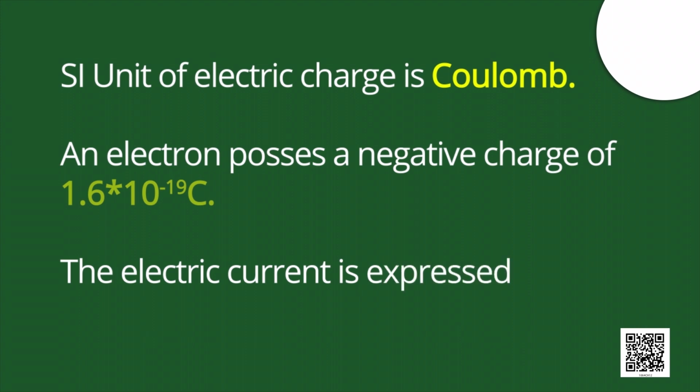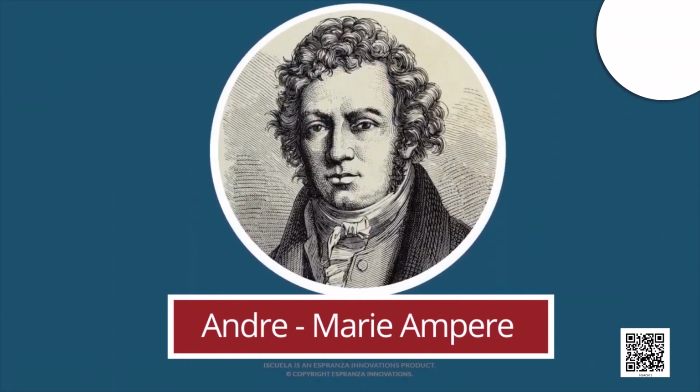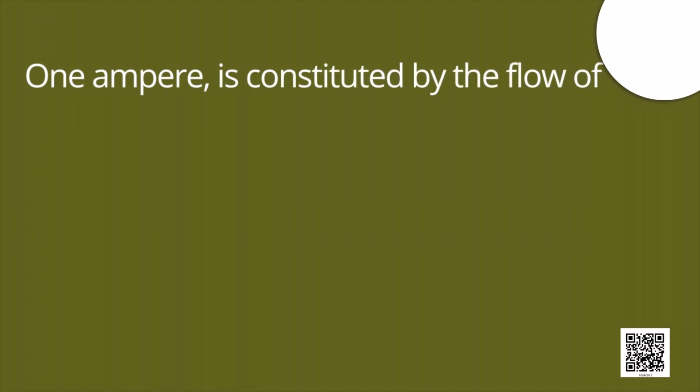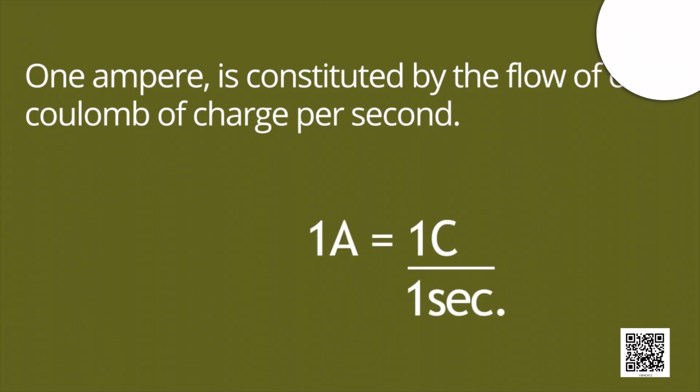The electric current is expressed by a unit called ampere, named after the French scientist André-Marie Ampère. 1 ampere is constituted by the flow of 1 coulomb of charge per second, that is 1 ampere is equal to 1 coulomb upon 1 second.